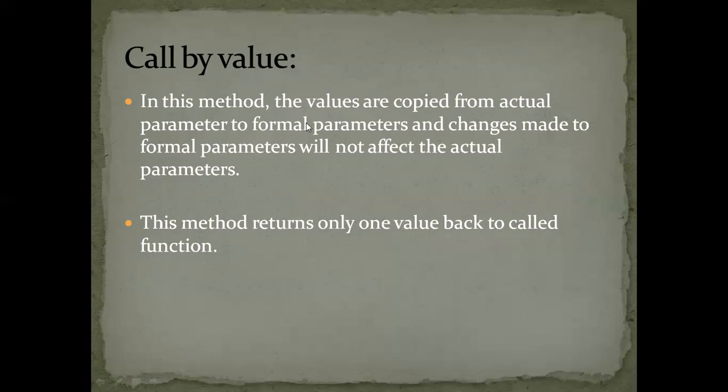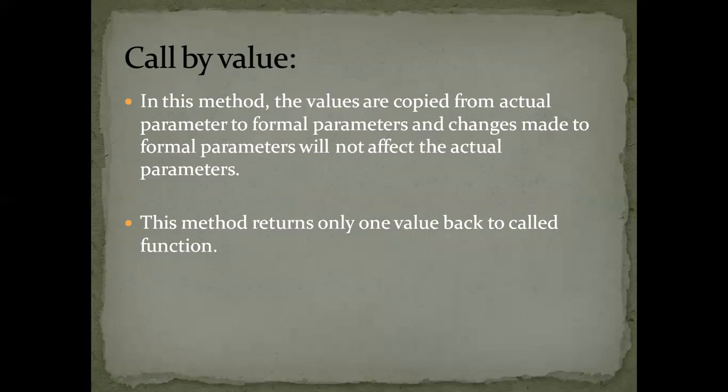In this method, the values are copied from actual parameters to formal parameters. Okay, pay attention. So what happens here? The values are copied from actual parameters to formal parameters. You know what we mean by actual parameter and formal parameter.